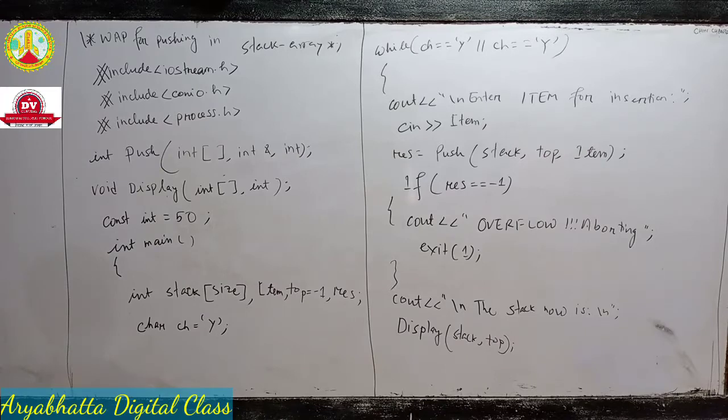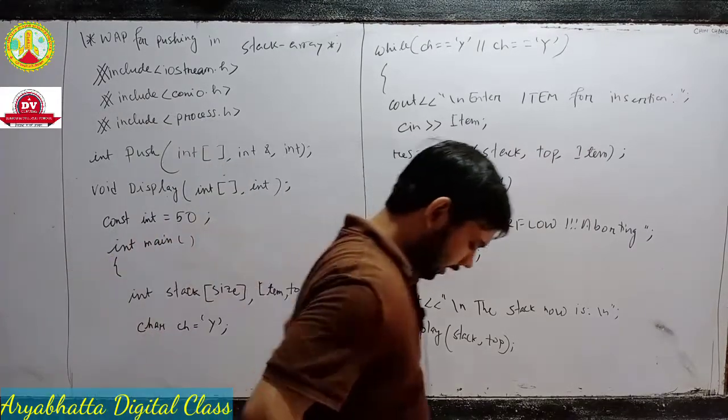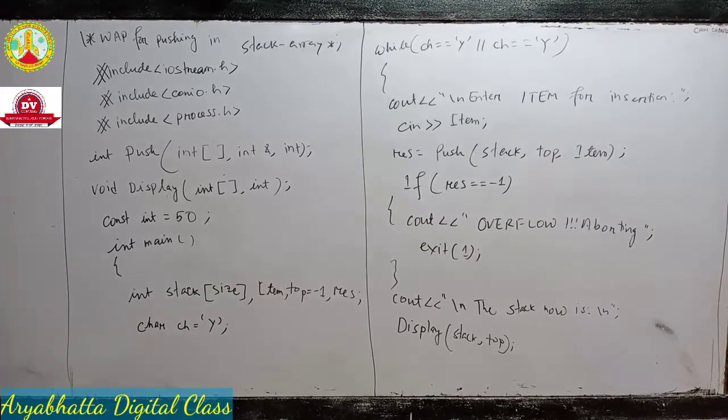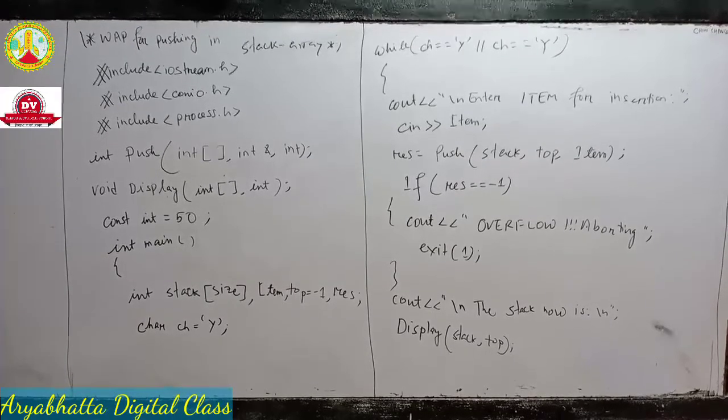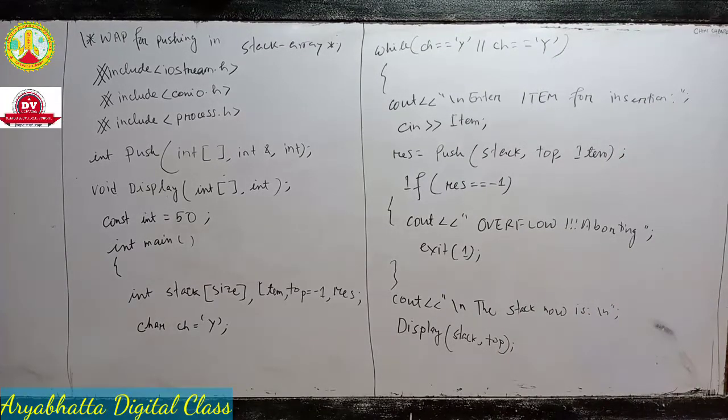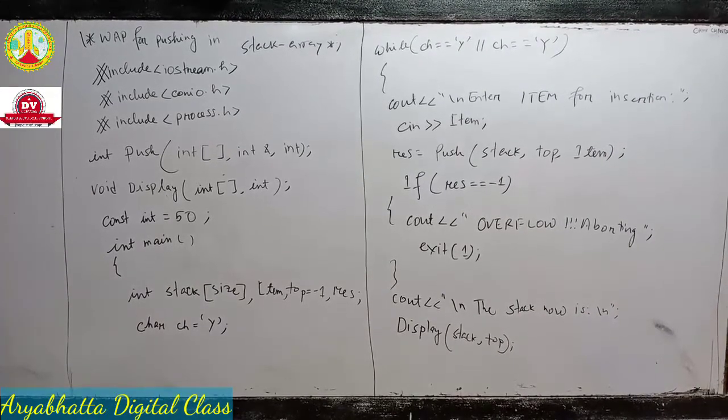First of all, I have to explain this part. You see, for pushing in stack array, we have to insert the element in this stack. We take 3 header files, right? The process header is used for the exit function. We declare 2 functions, int push and display, and we take the parameters.